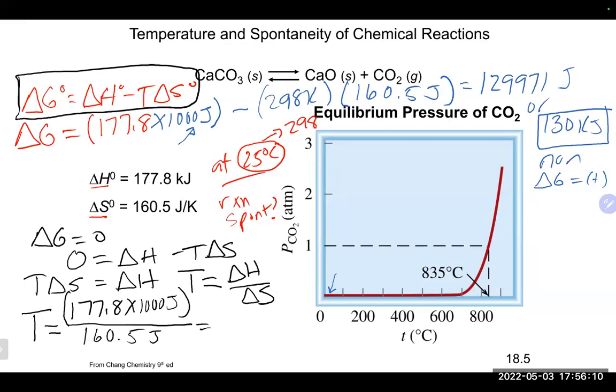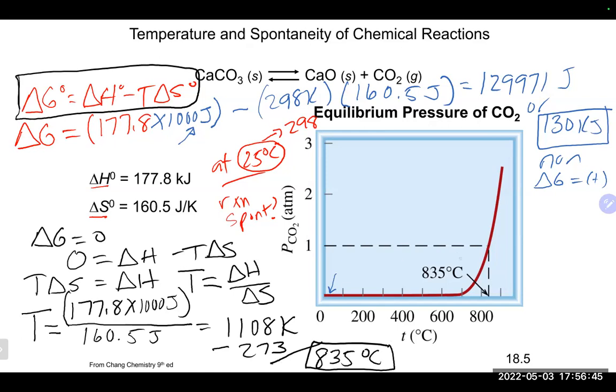And if I do all that, 177.8 times 1,000, a little dividing, a little equals. We'll call it about 1,108 Kelvin would be the temperature at which this reaction would become spontaneous. And for reference, if we subtracted 273 from it, that would give us roughly 835 degrees Celsius.